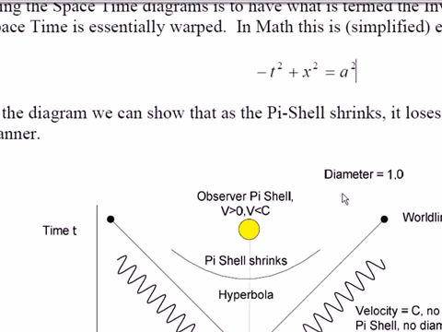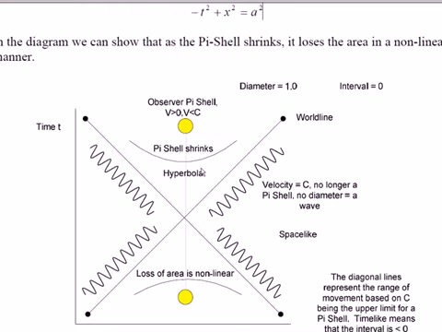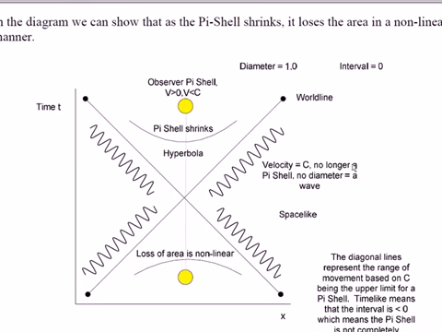So again, we go back to the idea that a sphere has an area defined by pi times its diameter squared. The maximum diameter is the speed of light, so it's pi times c squared. So what you will see is that as objects travel at higher velocities, the values are based on the squaring of the values, and they're not linear.